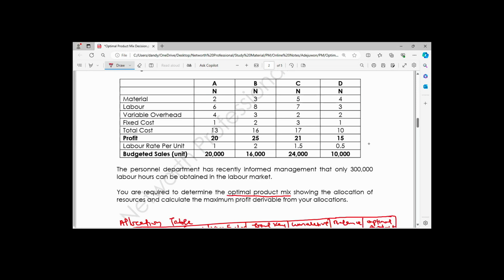All the relevant procedures involving the key limiting factor are required in this question. So without wasting time, let me switch to my working note so that you can see the way we'll be picking the question, picking the variables that we need. Let me know if you can see my screen, please.